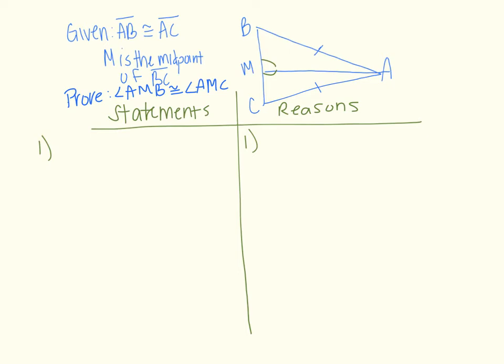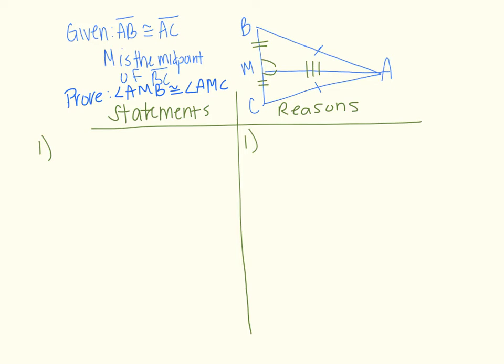Because we know that AB is congruent to AC, we're obviously going to know that that's one of the sides. M being the midpoint of BC automatically makes BM congruent to CM. So we know that that's another pair of sides. And then we also know that AM is congruent to AM because of the reflexive property of congruence.